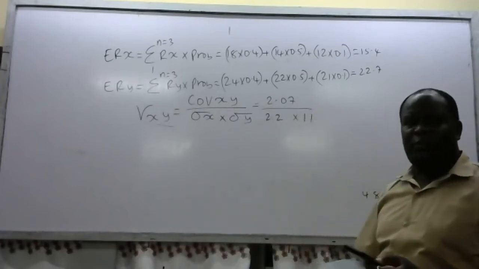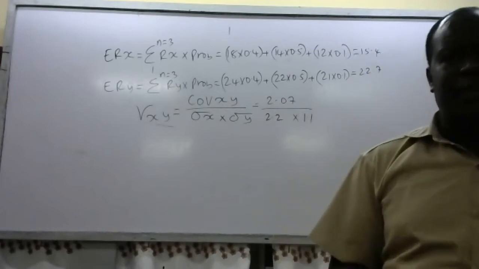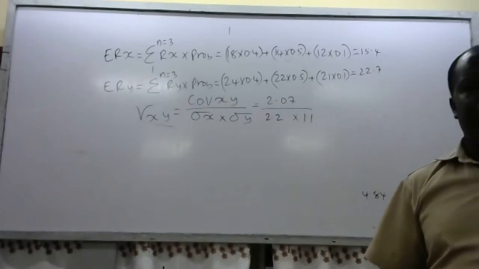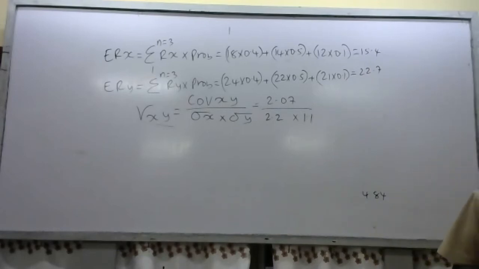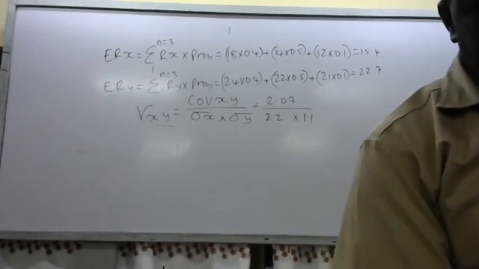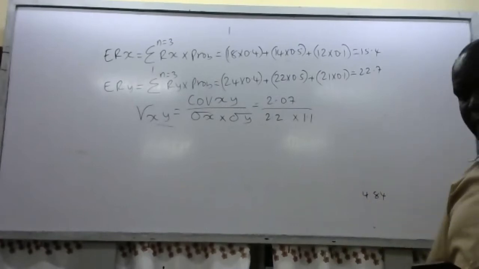Because what you are getting were variances. So after getting the variance, you get the square root for that. Then that should give you the standard deviation. So what you are calculating were basically the variances, then you need to get the square root to give you the standard deviation.